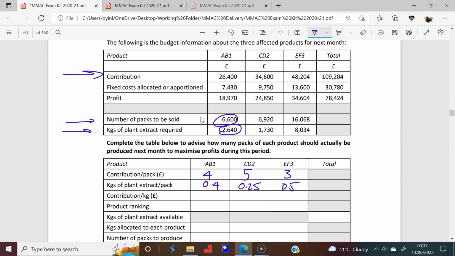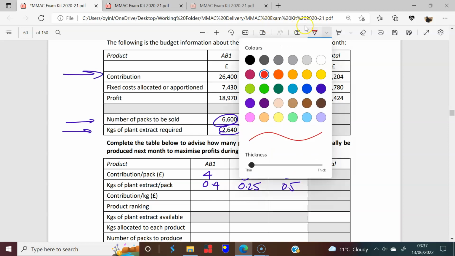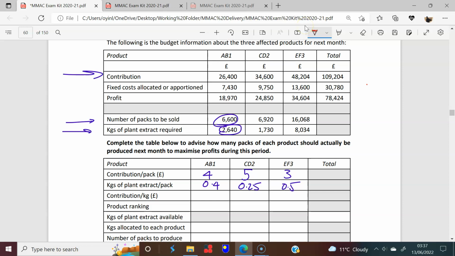Okay, cool. And then what we have, of course, is the contribution per kilogram, because this is what is scarce, isn't it? So we now have 4 divided by 0.4, which is 10, of course. We now have 5 divided by 0.25, which is 20.